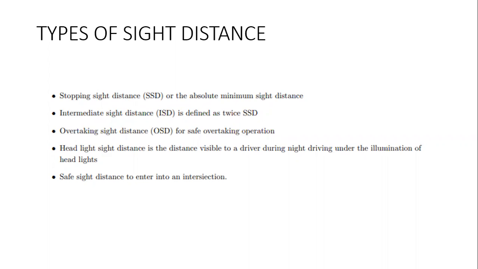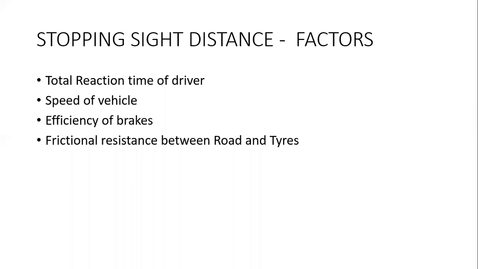The night vision will not be that visible to the driver. So the side distance which is visible to the driver during the night, mainly under the illumination of the vehicle headlights, is called the headlight side distance. These are the different types of side distance.